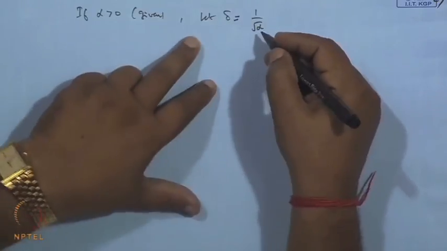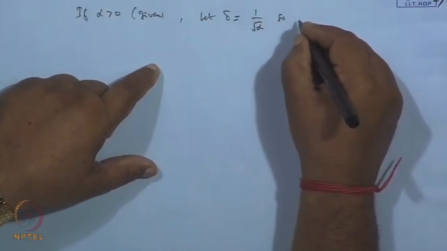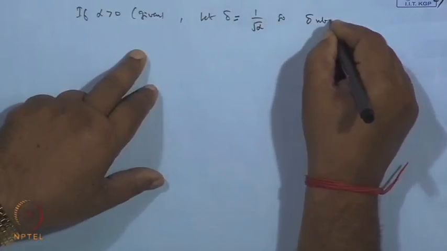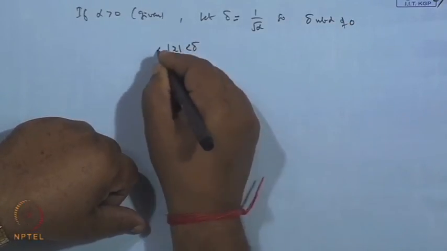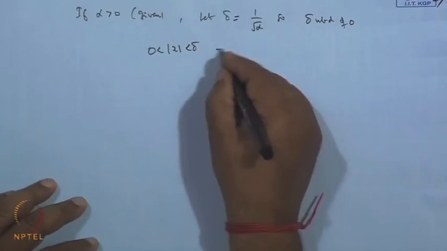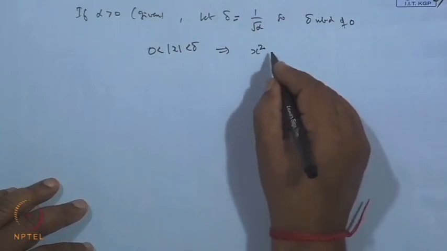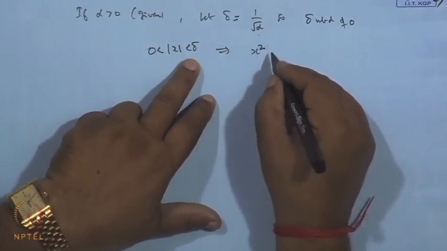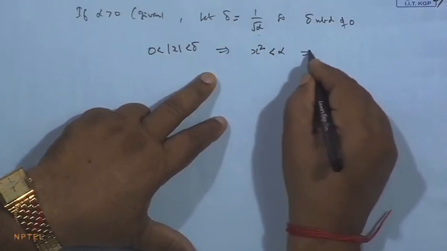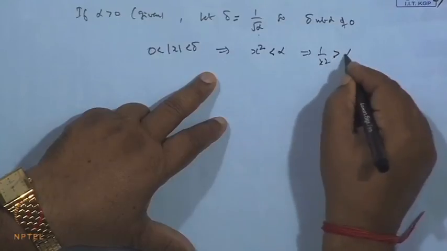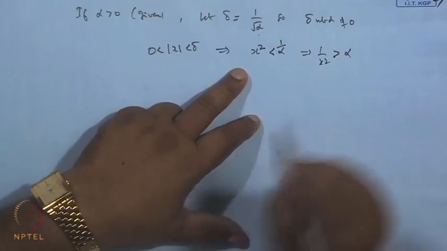Now, the delta neighborhood of 0 means 0 less than mod of x less than delta. Then this implies that x square must be less than 1 by alpha, since delta is 1 by root alpha, and hence 1 by x square will be greater than alpha.